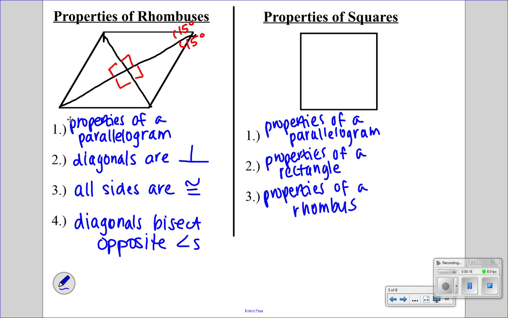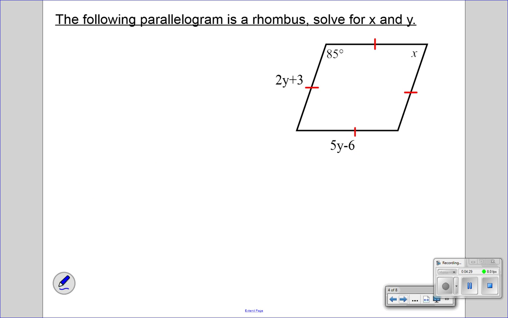So a square is really special because it has all the properties, including the parallelogram, the rectangle, and the rhombus. So we can use any one of those properties to solve for missing sides and angles. So we're going to use these properties to solve for missing things.